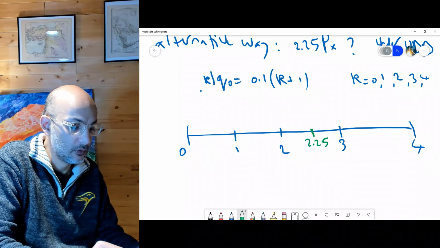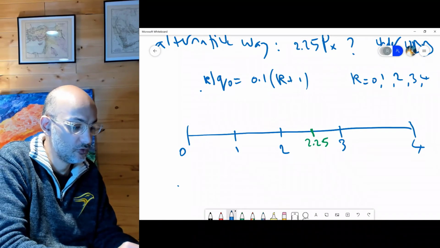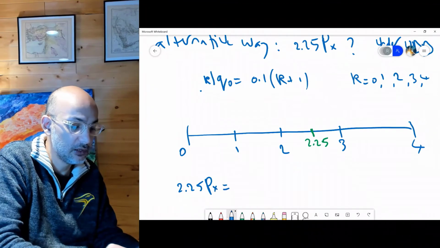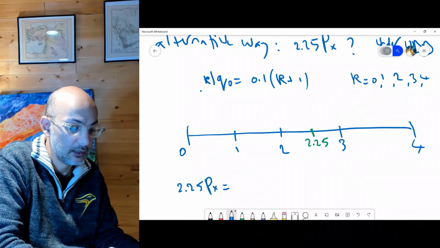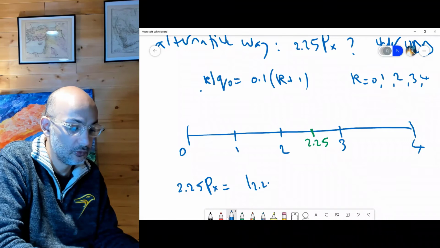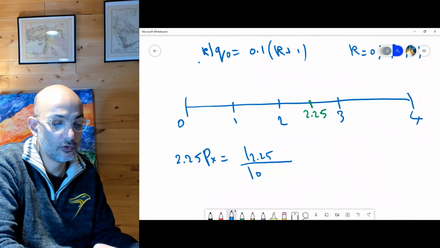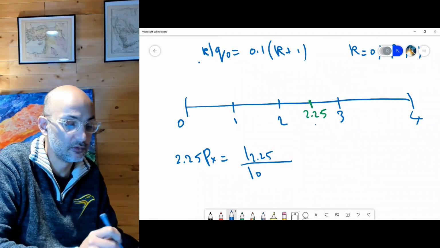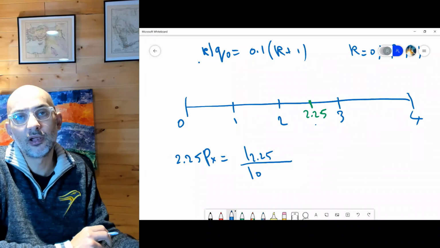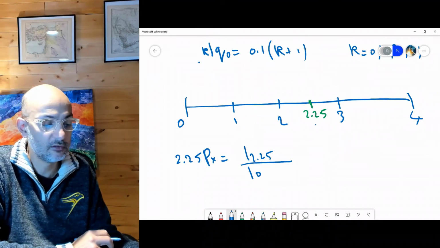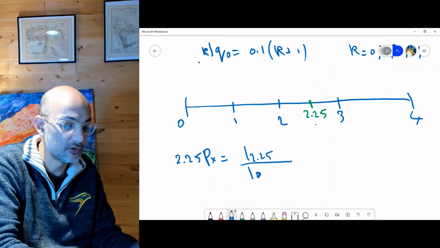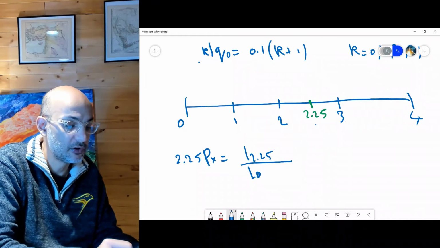Remember, 2.25px is equal to L2.25 divided by L0, right? So always you take the cohort that survives here and divide it by the cohort that survives here. But we don't have a cohort. This is L0, it's not 10.